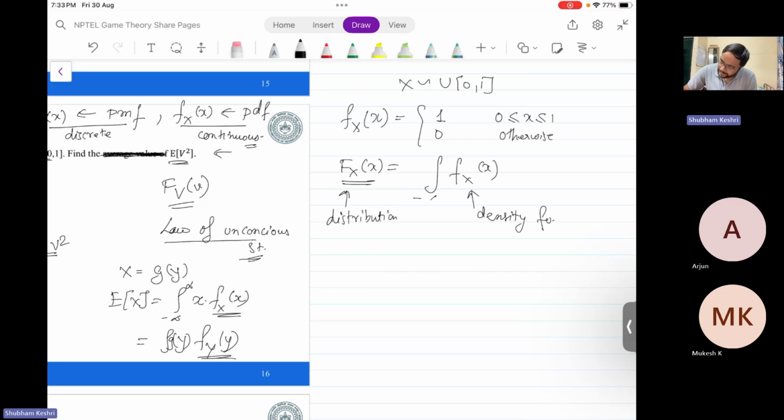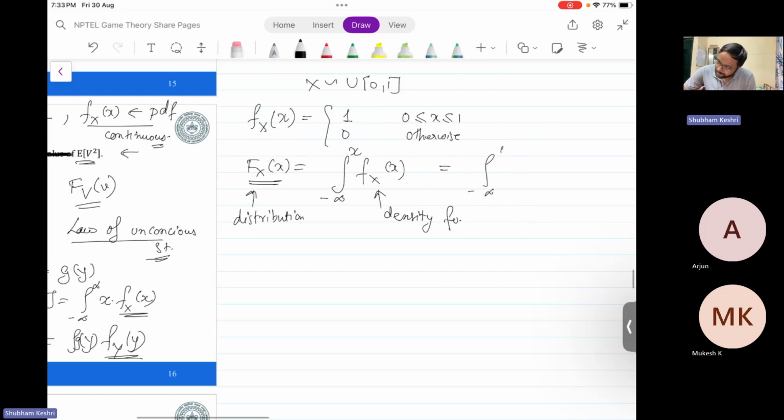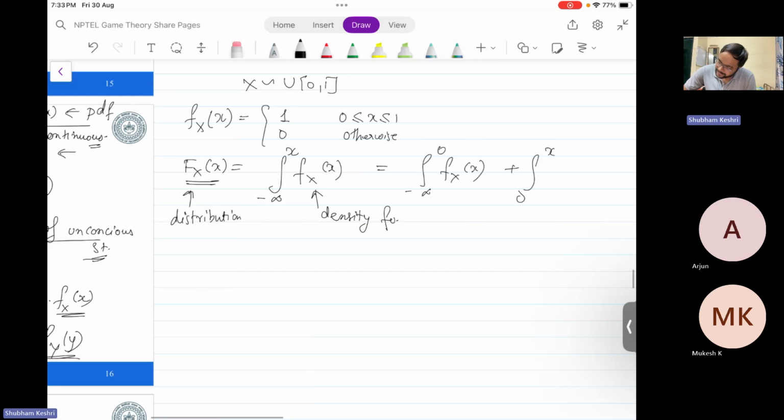If you integrate from minus infinity to x, it becomes the integral from minus infinity to 0 of f x plus the integral from 0 to x of f x. The first becomes 0, and the second is the integration of 1 from 0 to x, which is x. We had known this: the distribution of a uniformly distributed random variable between 0, 1 is the length of the interval, x.